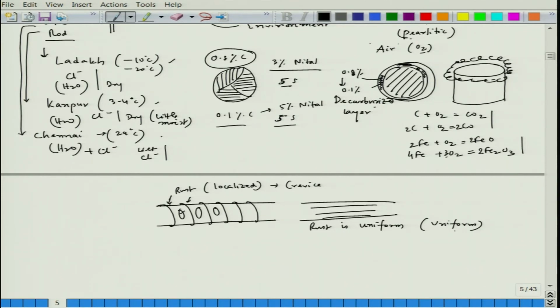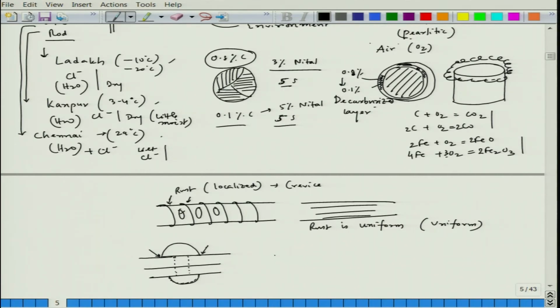Now, let us say I give an example, like a rivet. So this is a rivet, two plates are joined together. You will see that the portion where crevice is forming, there the corrosion tendency would be more rather than the other parts.